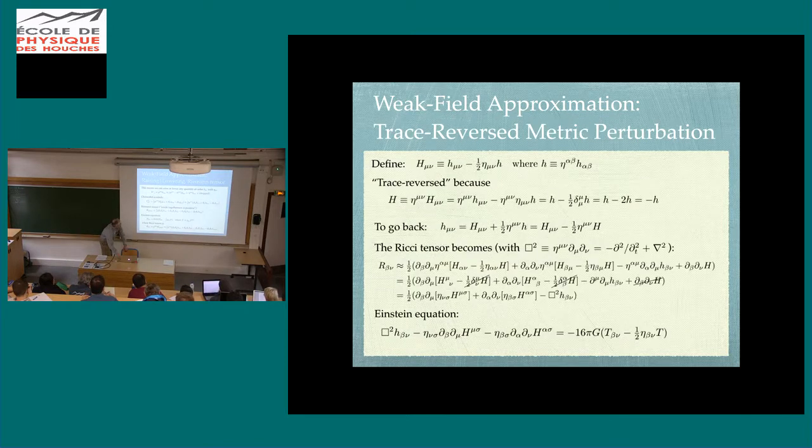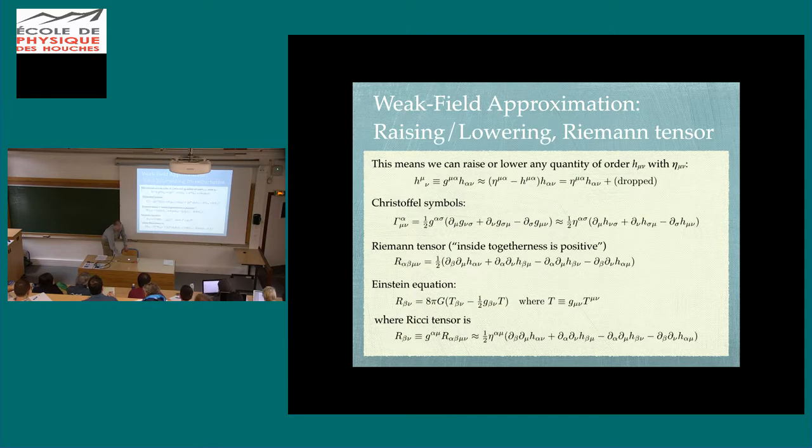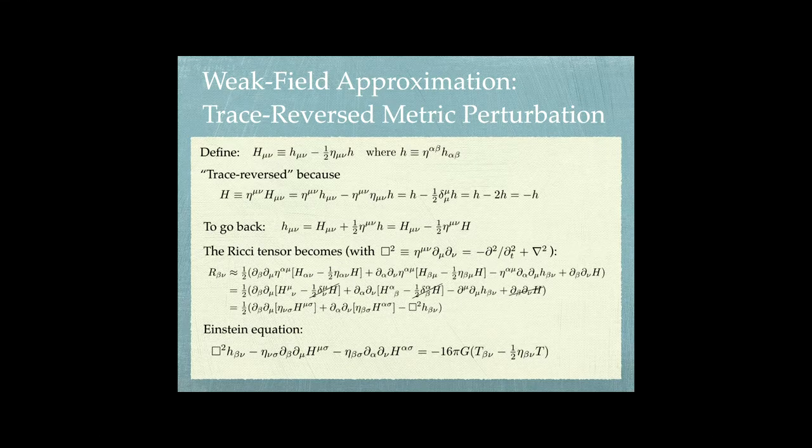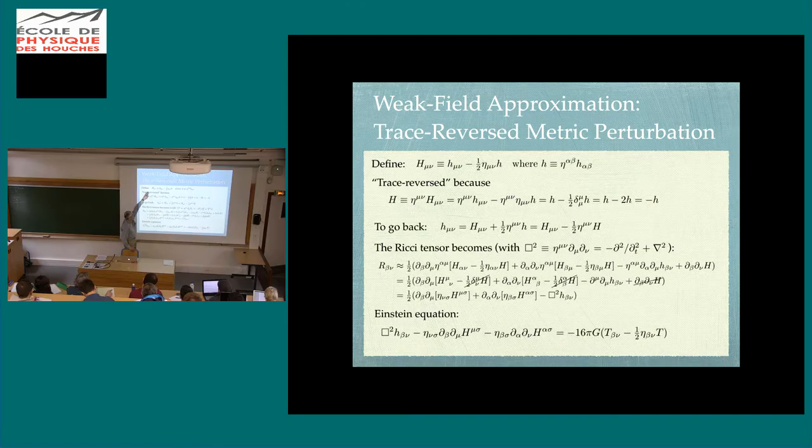Okay? So now, my Einstein equation is still not very simple. I've got 4 terms here and it's equal to this complicated thing. Yuck. Okay? But we can make things a little easier, and this is not going to be an obvious thing.